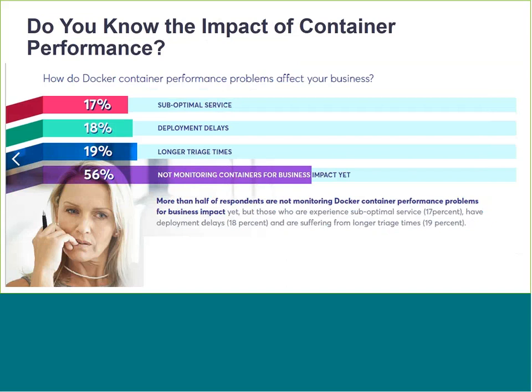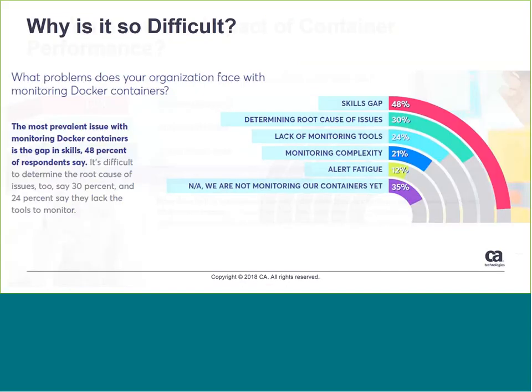Do you really have enough insight into what's going on? Of course, 56% said they're not monitoring containers for any kind of business impact. Those who were saw longer triage times, because they probably weren't getting the right level of visibility, causing deployment delays and suboptimal performance.